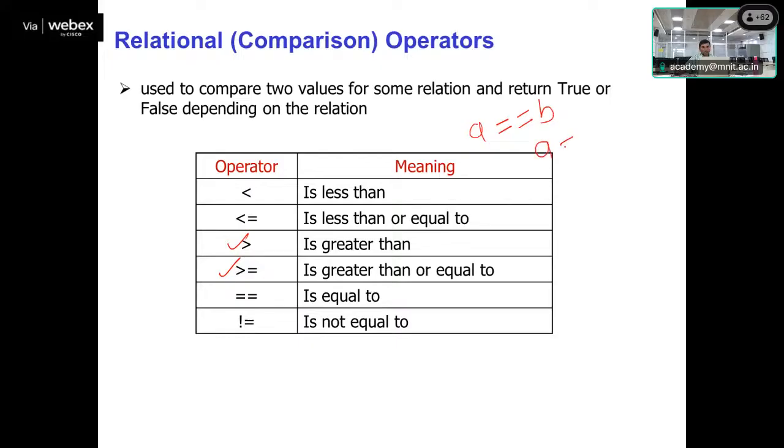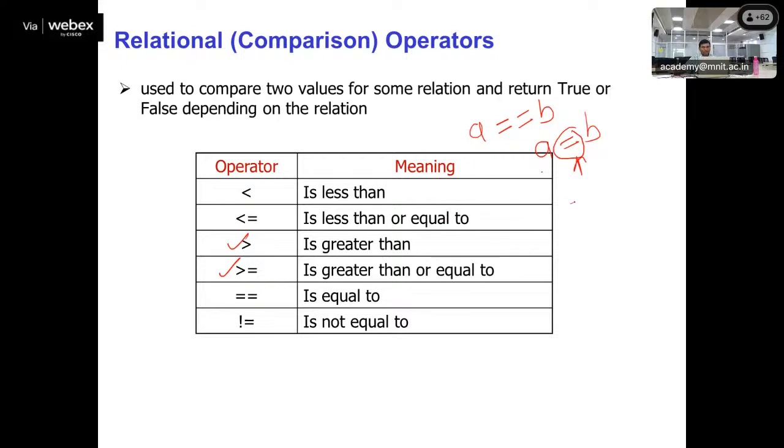Now if you write A equal to B, generally we are used to saying it in the common sense, but this statement is basically an assignment statement where A is going to be assigned the value of B. If you want to compare A and B, then we have to use the double equal to symbol.